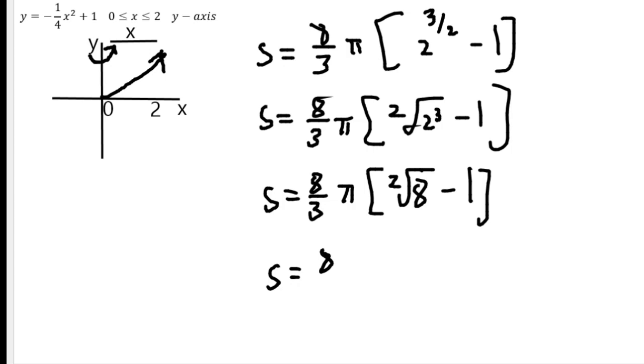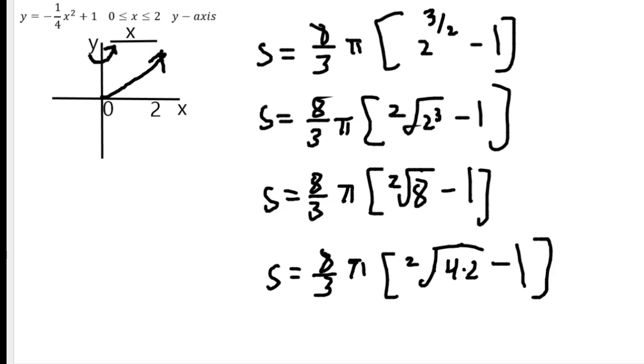So I think we leave this at this, but I want to simplify it a bit more. We're going to take the square root of 8, but we can just make this 4 times 2. And 4 is going to be simplified to 2. So we get s equals 8 third pi.